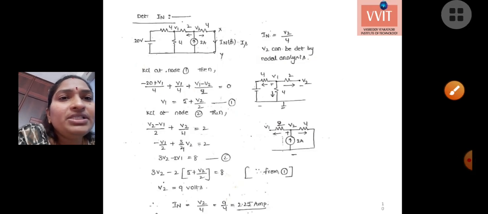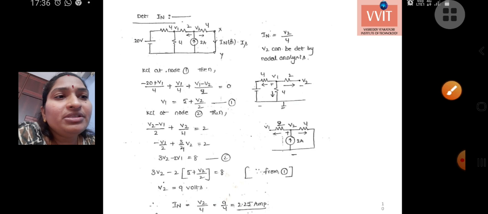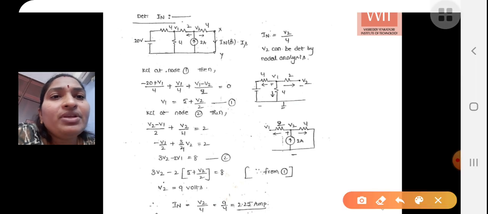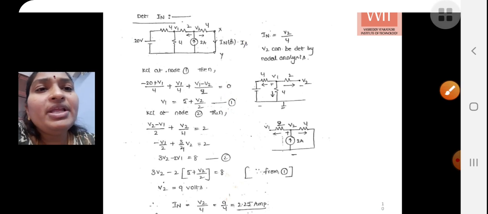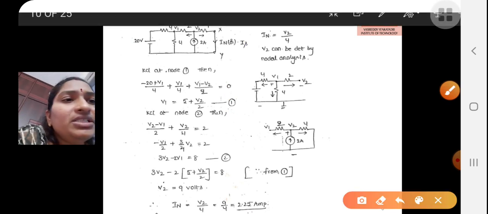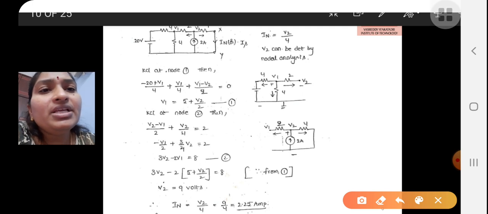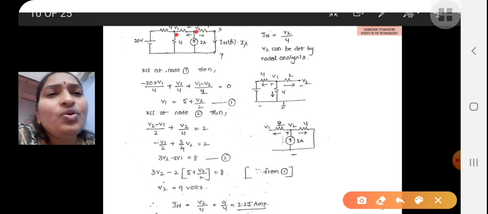So for that, first I am going to determine Norton's current. In order to calculate this Norton's current, I am going to apply KCL at node 1 and node 2.